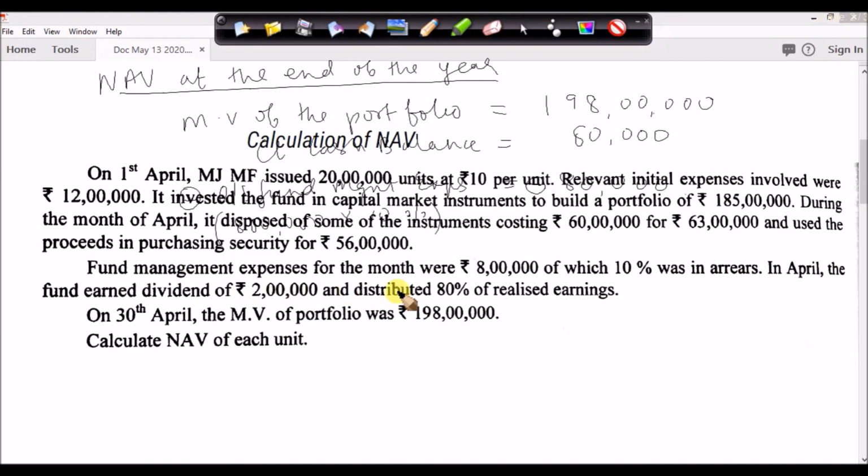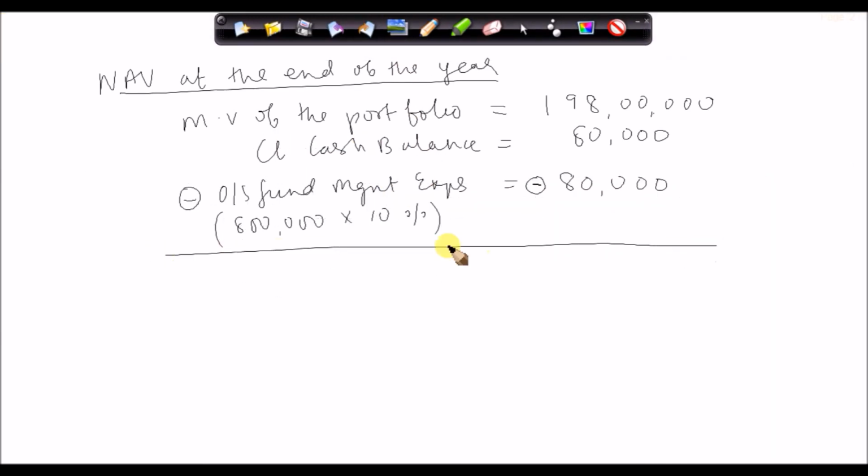And any other thing? Distributed 80% of realized earnings, market portfolio. Okay, I don't think anything is remaining now. And on 1st April it issued 20 lakh units, so the number of units is going to be the same. So this will give me the net asset value. So these two I am going to add and this I am going to subtract. So plus 80,000 minus 80,000, so the net amount will be 1 crore 98 lakhs.